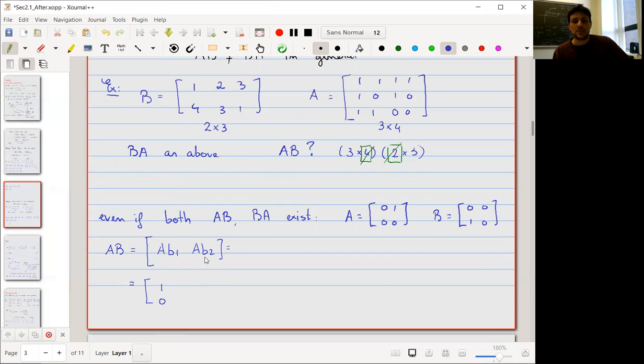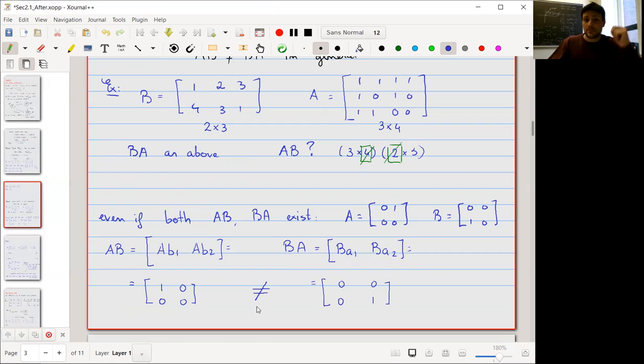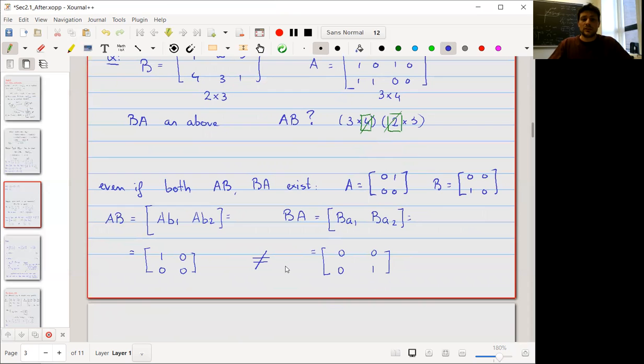And if I multiply A by B2, I get 0, 0. When I multiply B times A in the other order, this would be B times A1 and B times A2. B multiplied by A1 is a pair of zeros, and B multiplied by A2 is 0, 1. Those two are very different. They're not the same matrix. So beware, the order in which you multiply matrices is important.